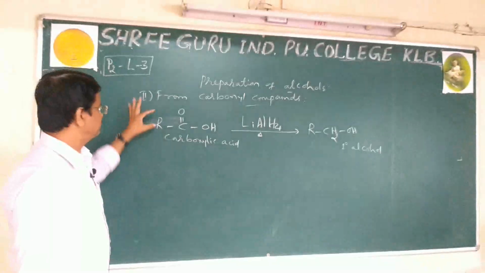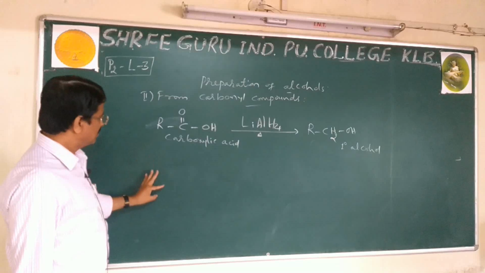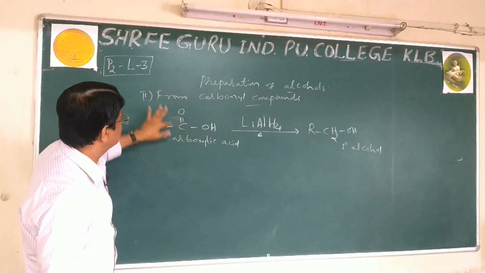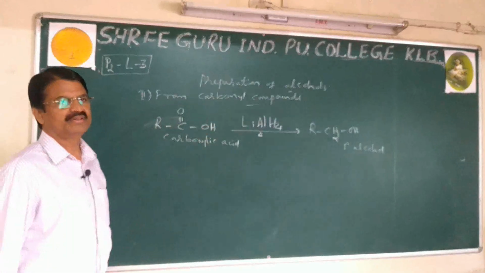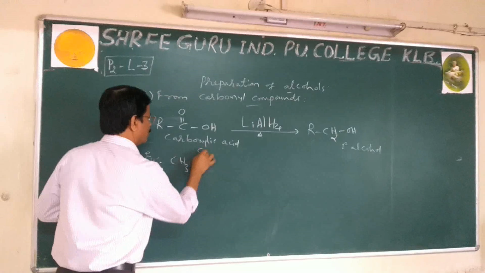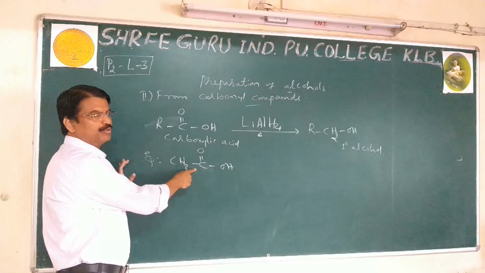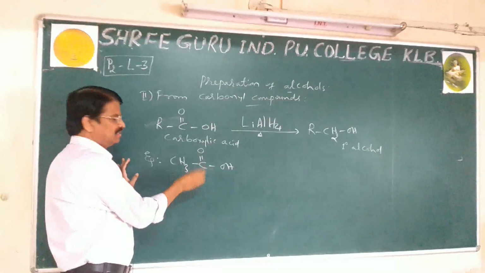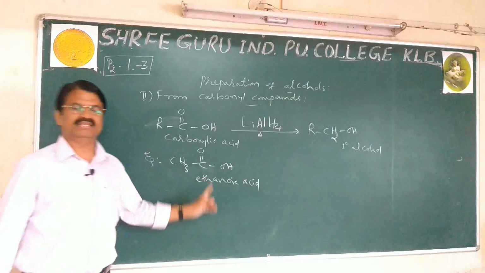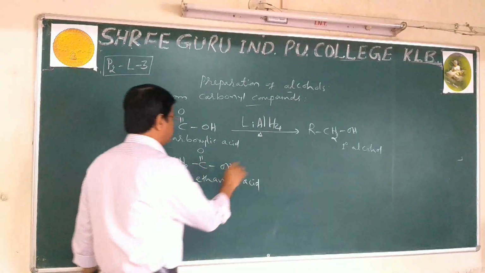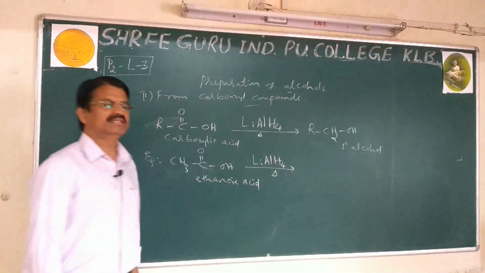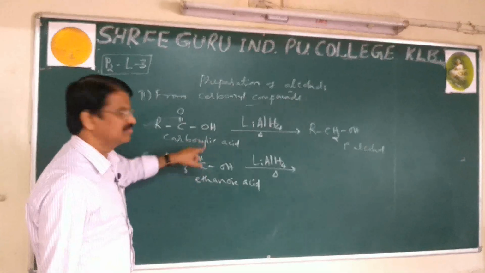Then write examples. Let R equal CH3, R equal to a benzene ring, R equal C2H5. Write alkyl groups or aryl groups. But the important thing here is conversion of CO into CH2. Take the example CH3COOH. What is this compound's name? Ethanoic acid or acetic acid. With lithium aluminum hydride, again we get an alcoholic group here.